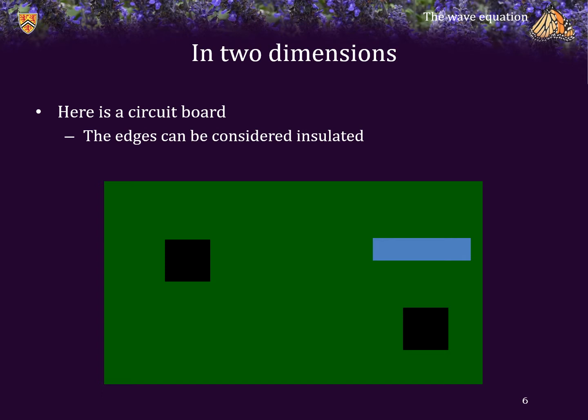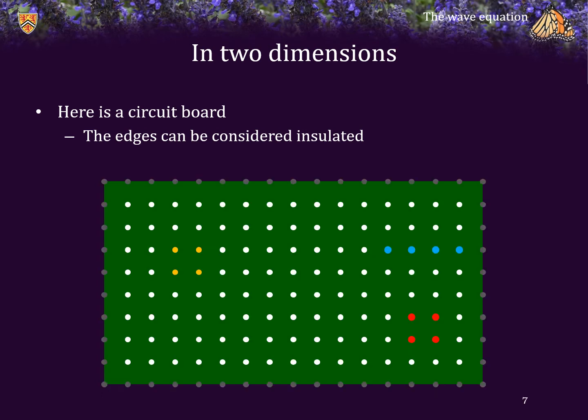However, when the processor is turned on and the circuit is being used, the processors will start to create heat throughout the system. So what we're going to do is we're going to approximate the system.